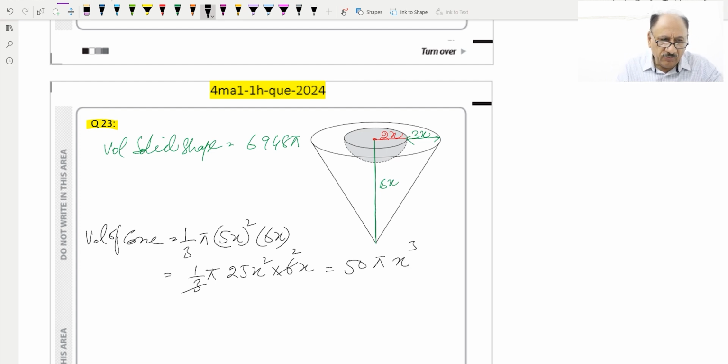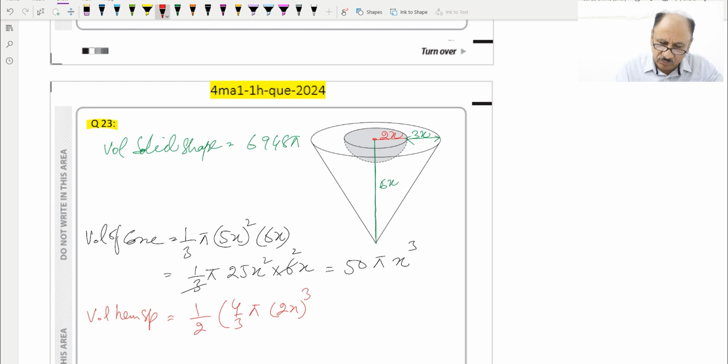Now from the volume of the cone we have to subtract the volume of the hemisphere. Volume of hemisphere will be half into 4 by 3 pi r cube, where r is 2x.